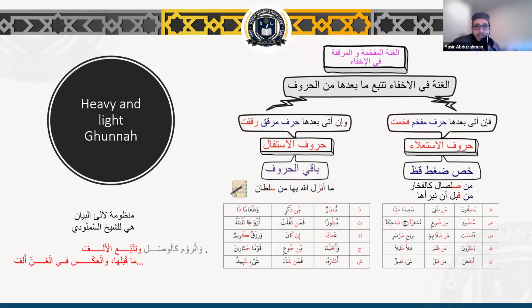And if the letter before it is lowered, then it becomes lowered, as in the word سارة. The ghunna is the opposite, right? So we have the letters طاء، ضاد, basically all of the حروف الاستعلاء, خص ضغط قض, all of these, then the ghunna becomes heavy. And on the other letters, which are the dal, tha, kaf, jim, shin, etc., the ghunna becomes lowered.